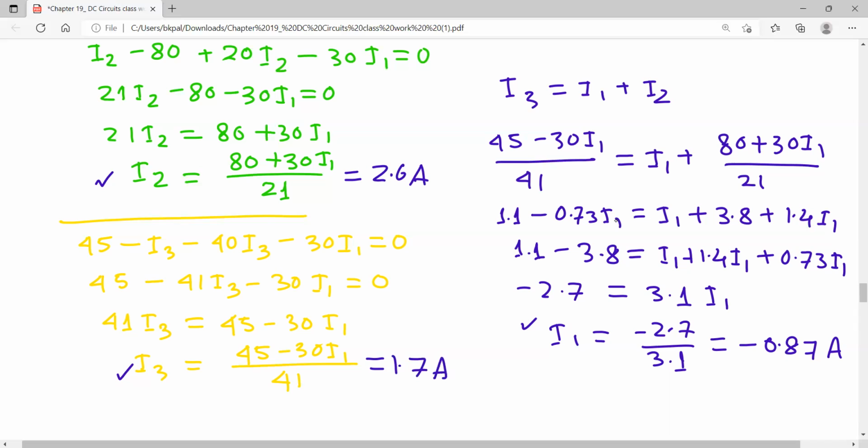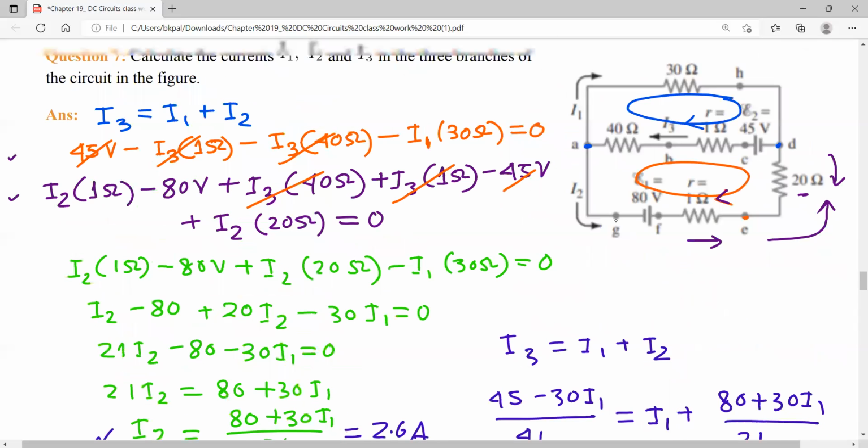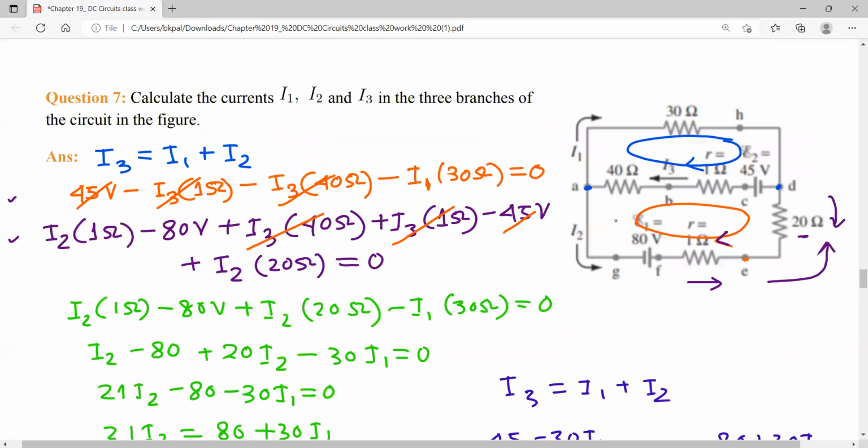This negative sign tells us that the direction we are given here for I1 is not correct. So I1 will be in this direction with a magnitude equal to 0.87.